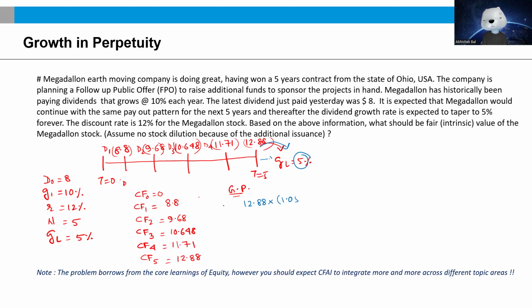This is my D6, which is of course my cash flow number 6 as well. That becomes 13.528. Similarly, my D7 is going to be equal to 14.2. We just multiply 13.528 with 1.05.